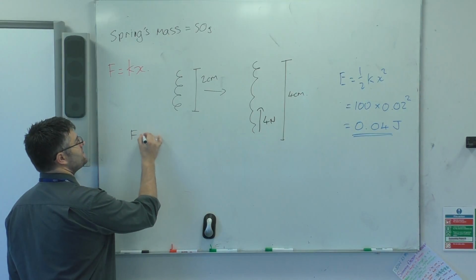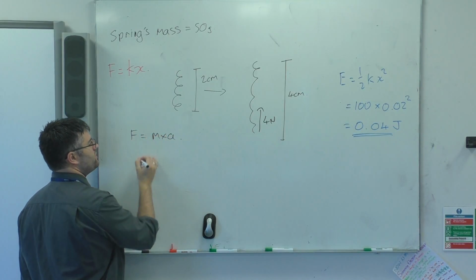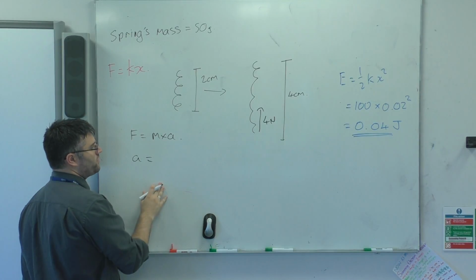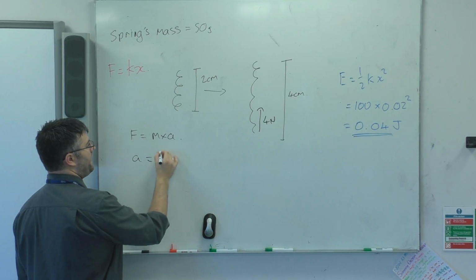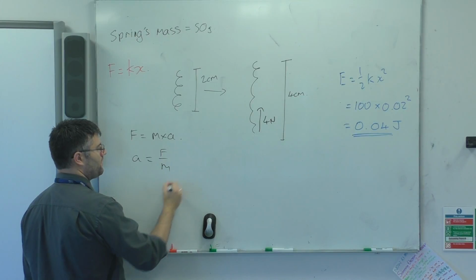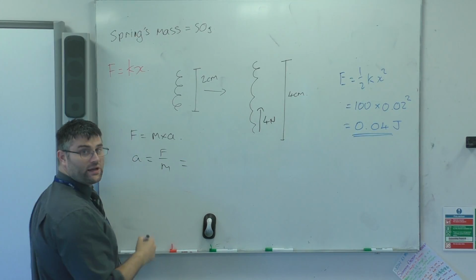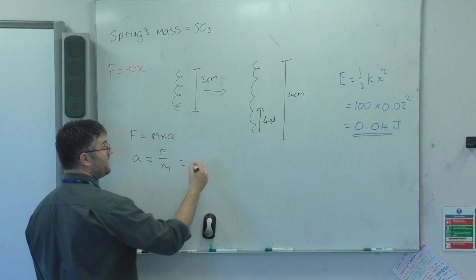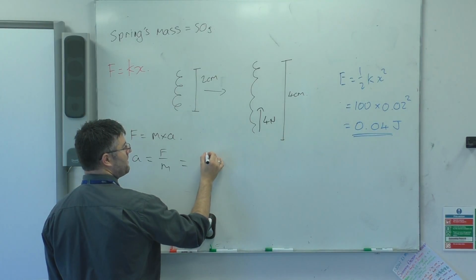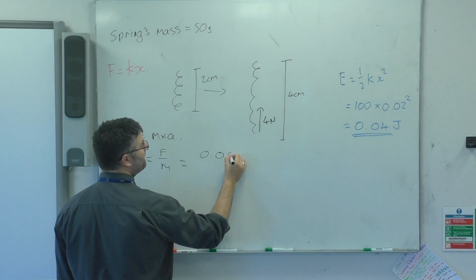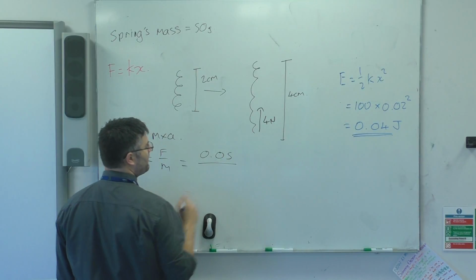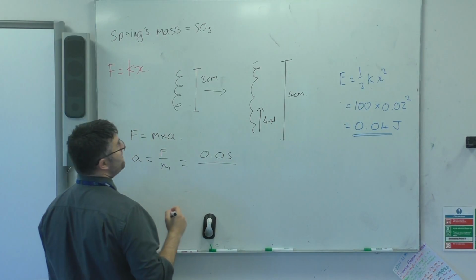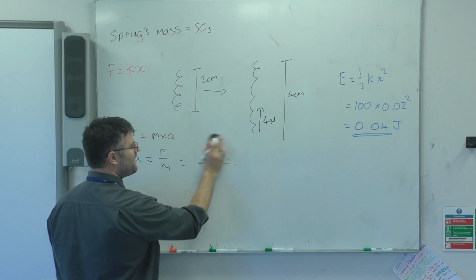So force is equal to mass times acceleration. So the acceleration of this spring initially would be F over m. As we know from the beginning, the mass is 50 grams, which is 0.05 kilograms. We divide the force by the mass. Apologies, I've done that the wrong way around.